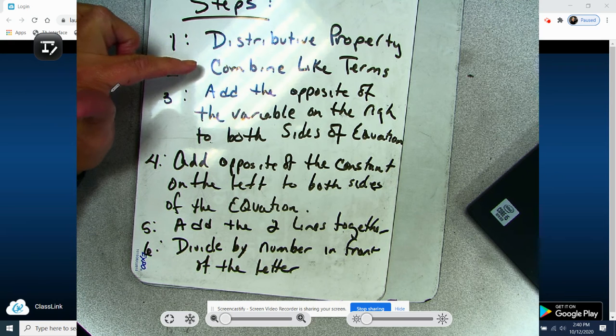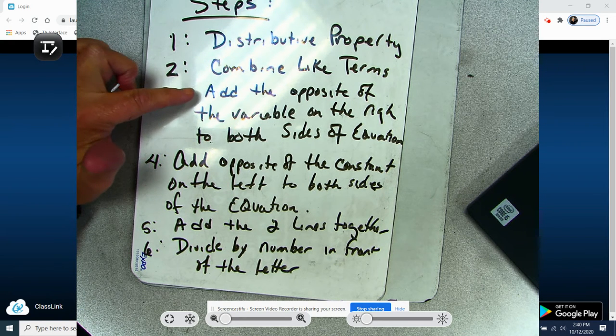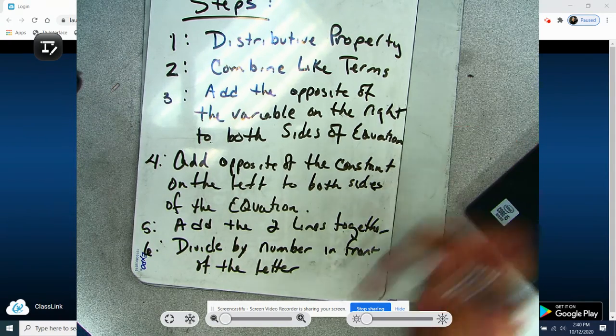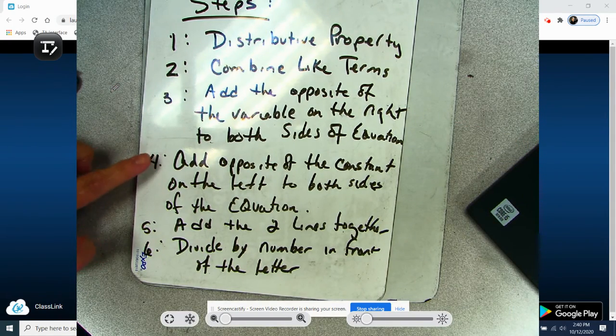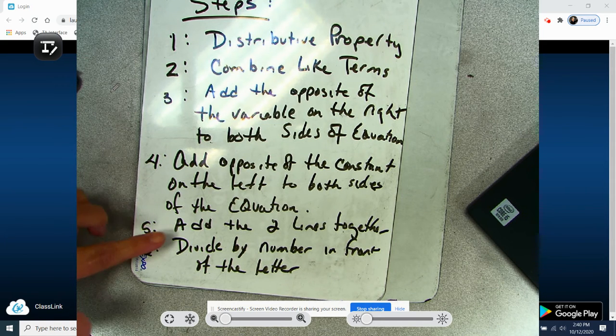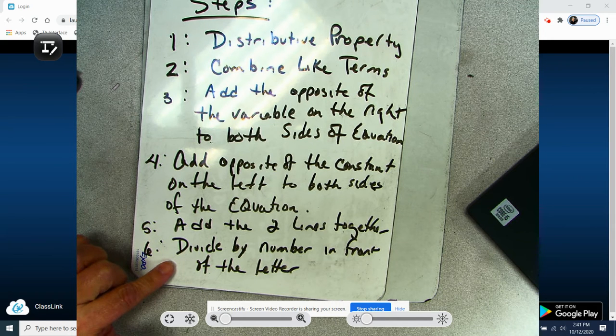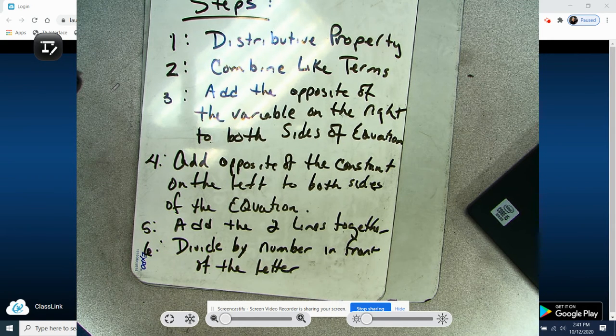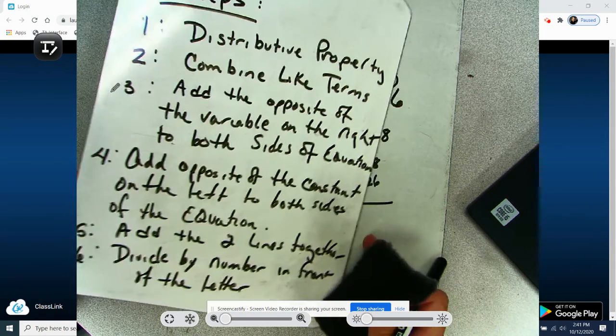You may not have any like terms to combine. You're going to add the opposite of the variable on the right to both sides of the equation. You're going to add the opposite of the constant on the left to both sides of the equation. You're going to add the two lines together, and you are going to finally divide by the number in front of the letter. And then again, your answers are either going to be one solution, no solution, or an infinite set of solutions.